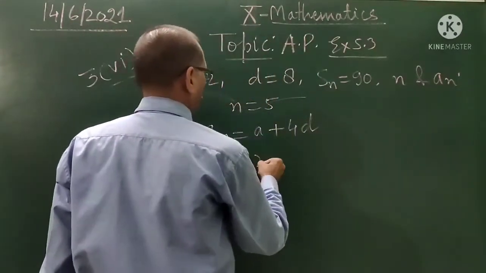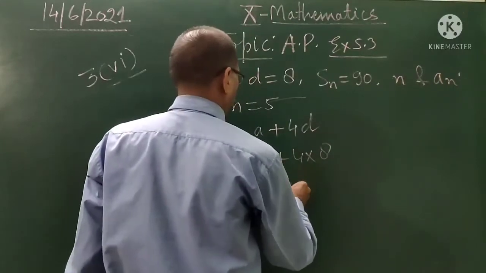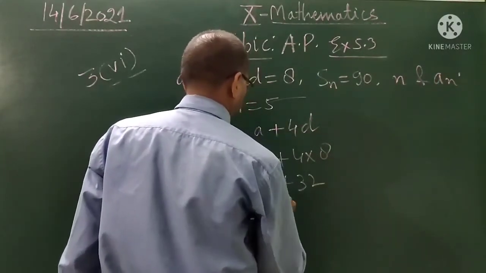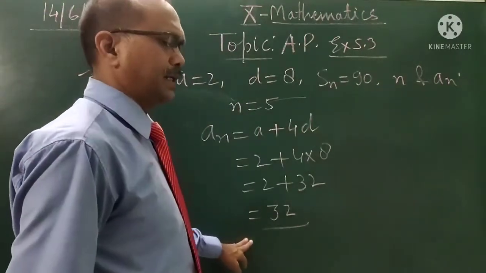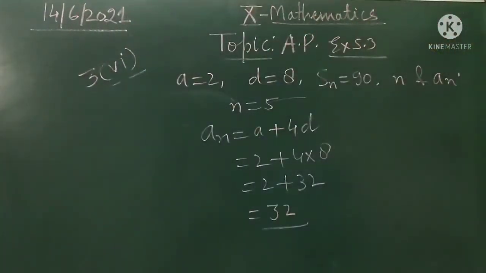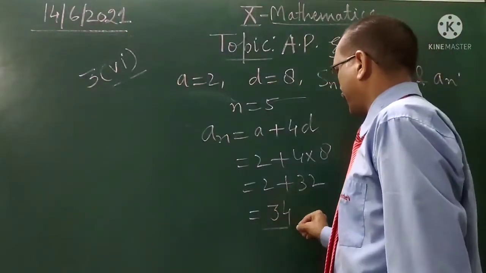A is 2 plus 4 into 8. It is 2 plus 32, or it is 34. So the nth term is 34. Student, 32 plus 2 is 34.